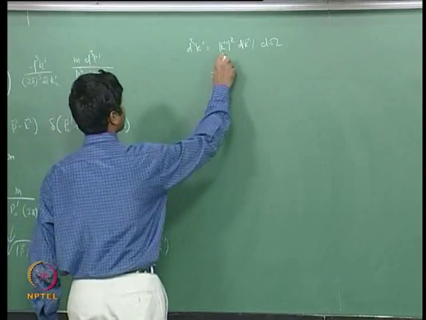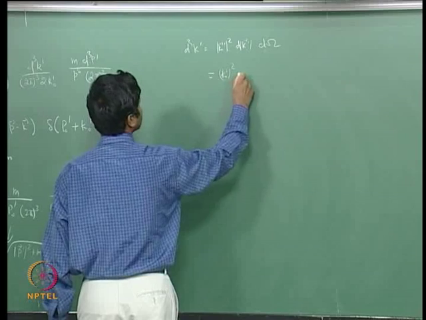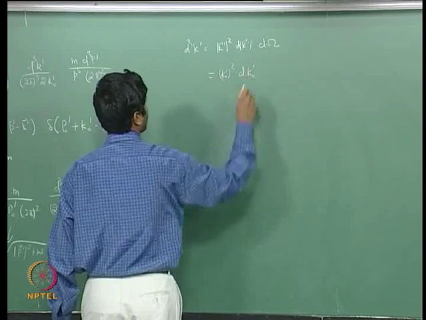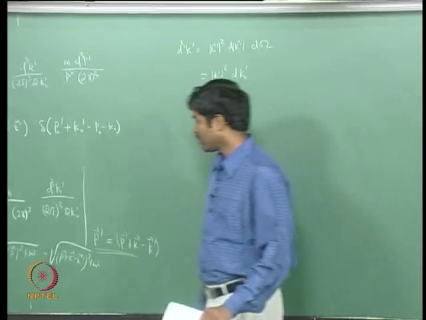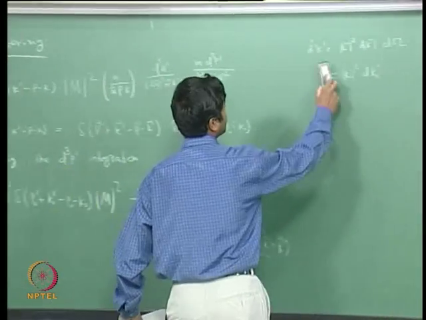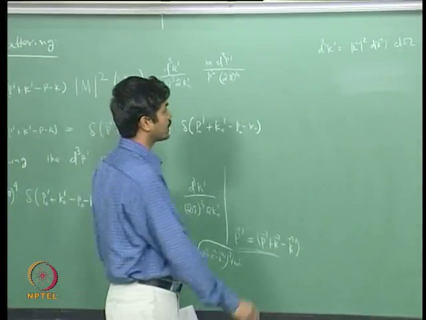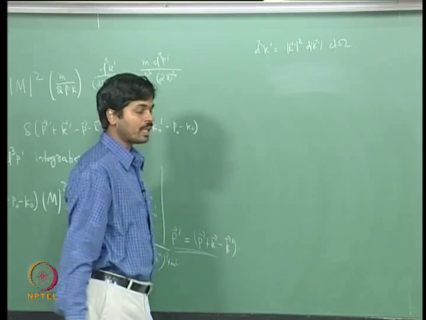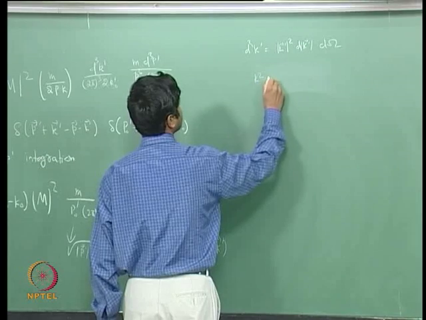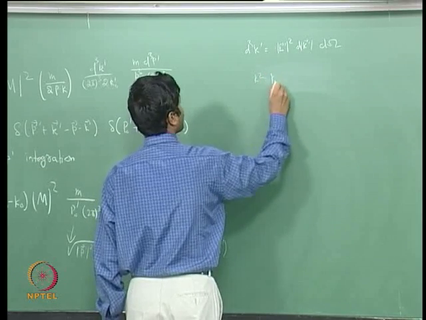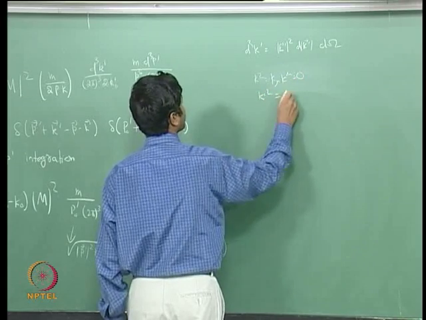Okay. So you can substitute k prime is same as k0 prime. So, this is k0 prime square d k0 prime, or maybe we will leave it as it is, and then we will keep in mind that since photon is a massless particle, therefore k square, which is k mu k mu, equal to 0 and so is k prime square.